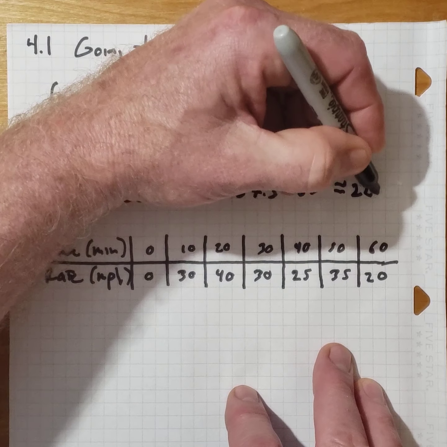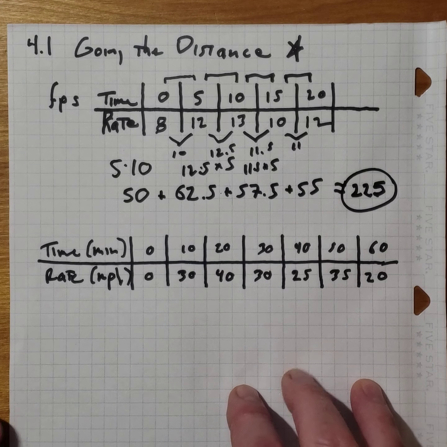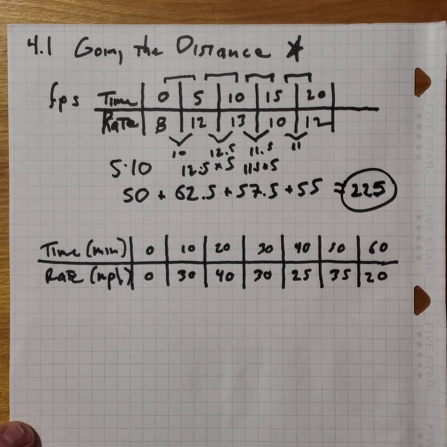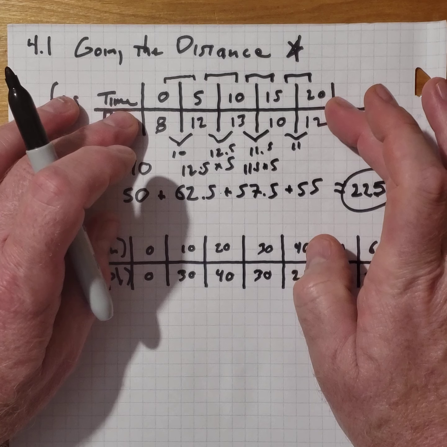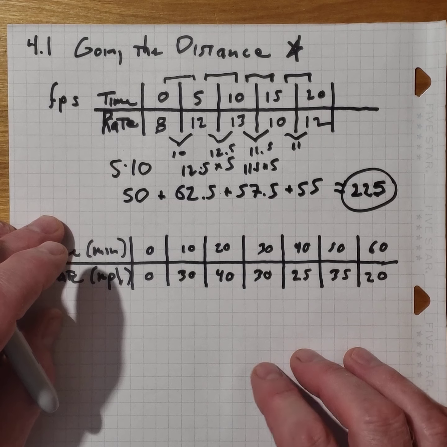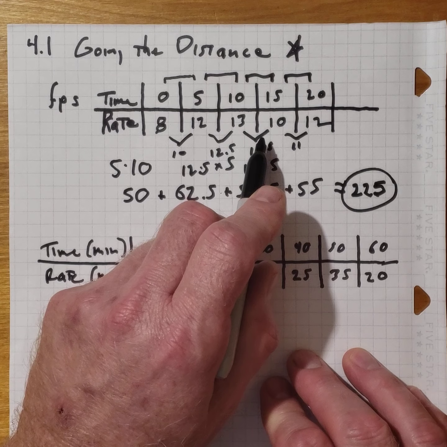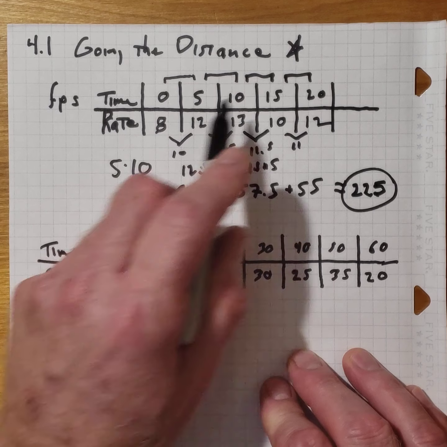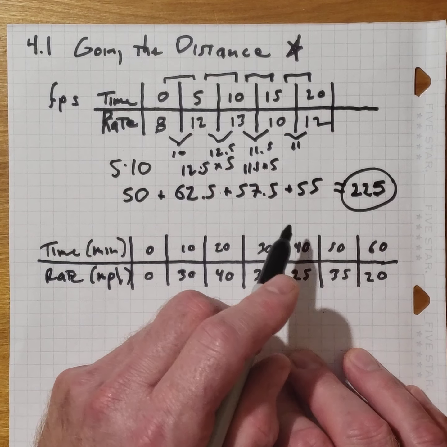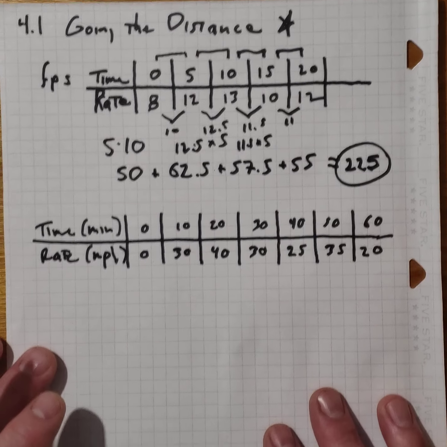Again, I'm not going to plug that in the calculator, so I may have made a mistake there, but I don't care. So we can estimate that during this 20-second period of time, whatever this is traveled about 225 feet, which makes sense. If we look at this, these would average together to be somewhere around 12 feet per second. Over a period of 20 seconds would be somewhere in the 200 range. So I think that works out all right.